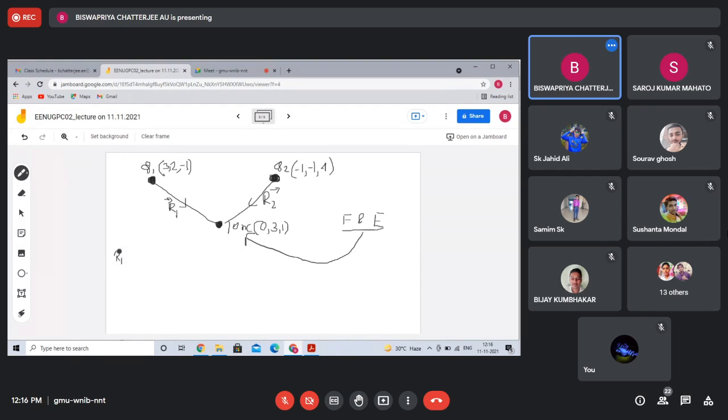R1 is 0 minus 3 AX cap, plus 3 minus 2 AY cap, plus 1 minus minus 1 AZ cap.